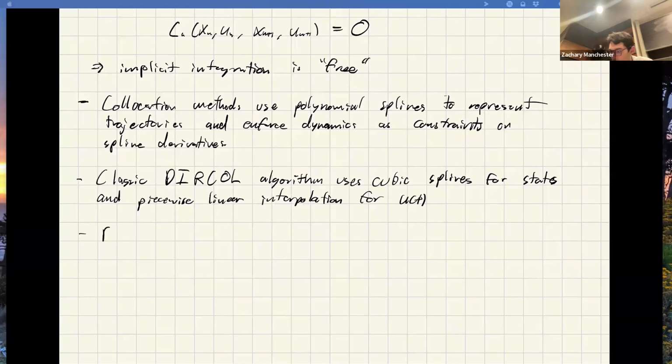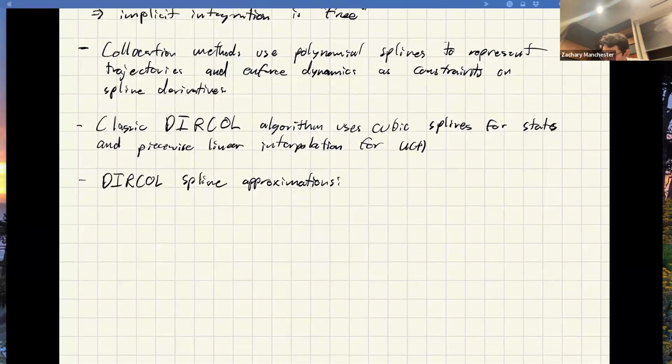Here we go. So we're going to draw the kind of spline stuff. Just as a cartoony kind of thing, let's imagine I have t here, and this is x of t, and I have some continuous trajectory that maybe looks like this.